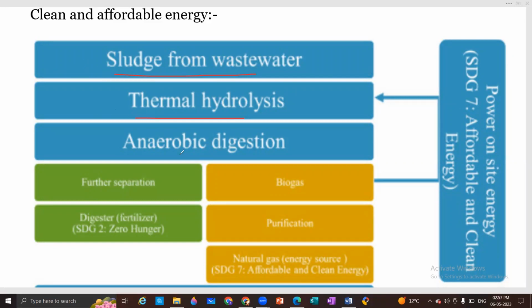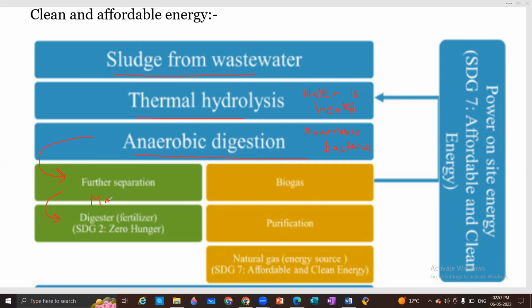Then thermal hydrolysis is basically a process in which water is heated so that microorganisms are killed. Then anaerobic digestion. So there are anaerobic bacteria which feast upon the microscopic organic waste present in the water. So further separation, it will help in zero hunger.